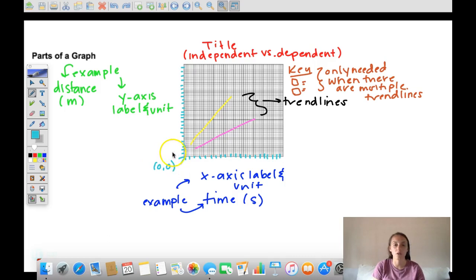You must have an origin. Because you can adjust the scale no matter what you need, the graph must take up the entirety of the axes you have available to you. So in other words, the graph must fit on the whole page. No one wants to see teeny little graphs because those are very difficult to read.